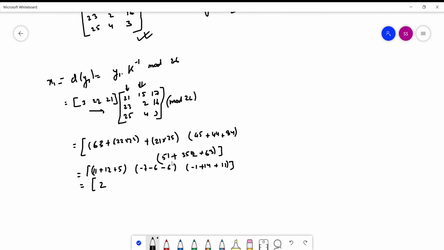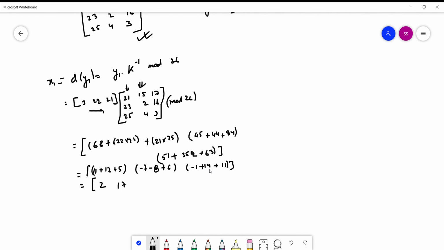This minus 44 is minus 8, not minus 6. This is minus 8, and this one, 84, is plus 6. Okay, so if you solve this, you will get a value of minus 9, which is 17.